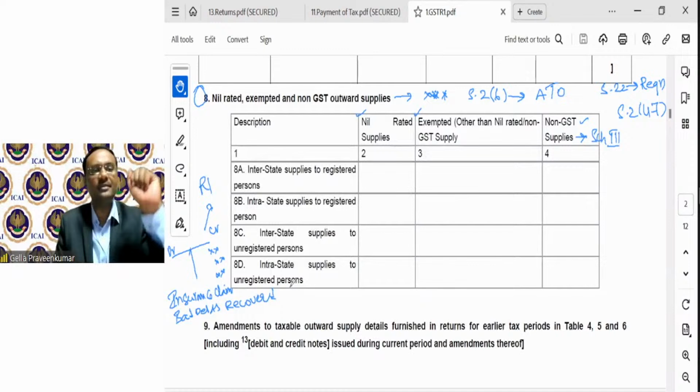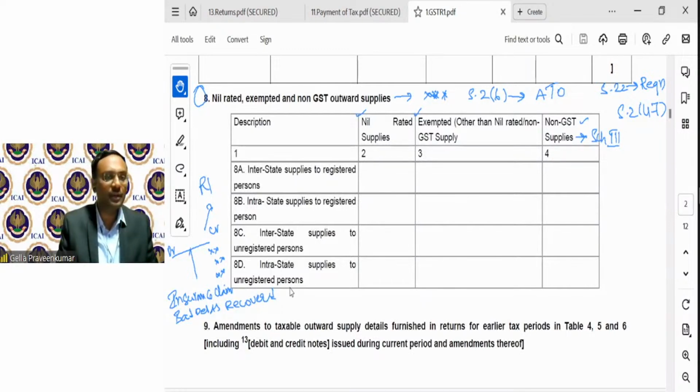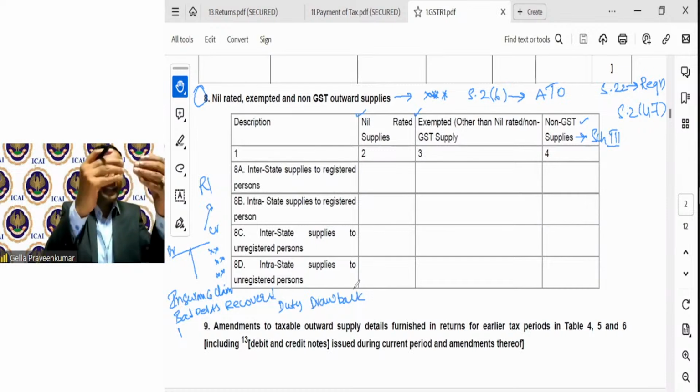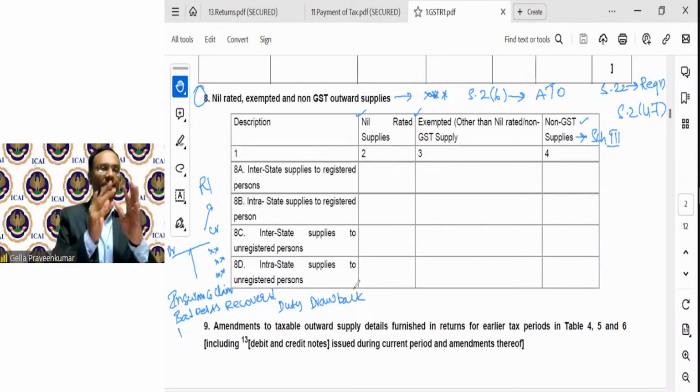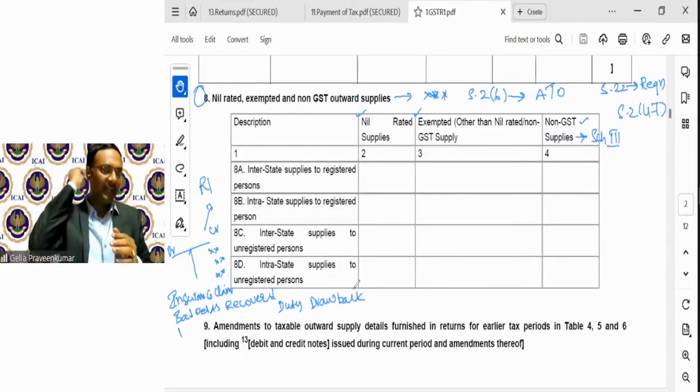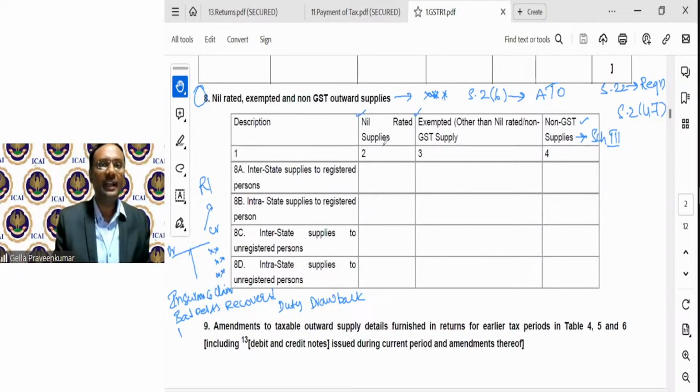There are some transactions where I don't know where I have to disclose them. When you look at your profit and loss account, either in direct income or indirect income, some information is there that you don't know where to fill. That data comes into this table number 8. Use nil rated or exempted where it is actually nil rated or exempted. Other than this, park all the rest of the data in non-GST supply.